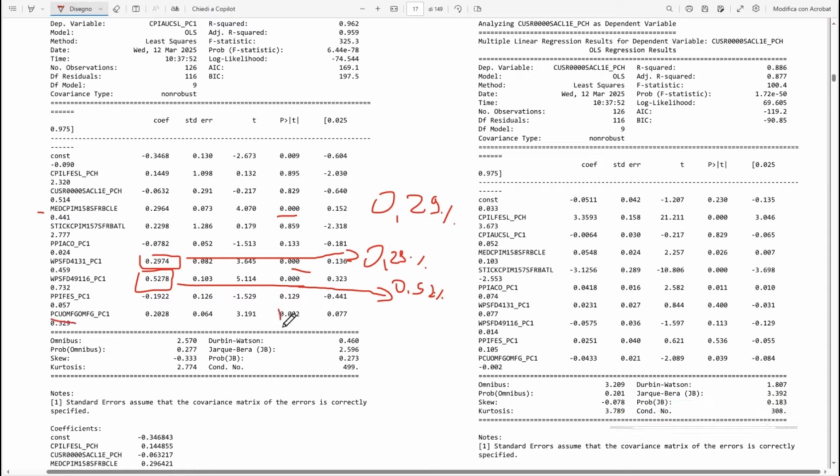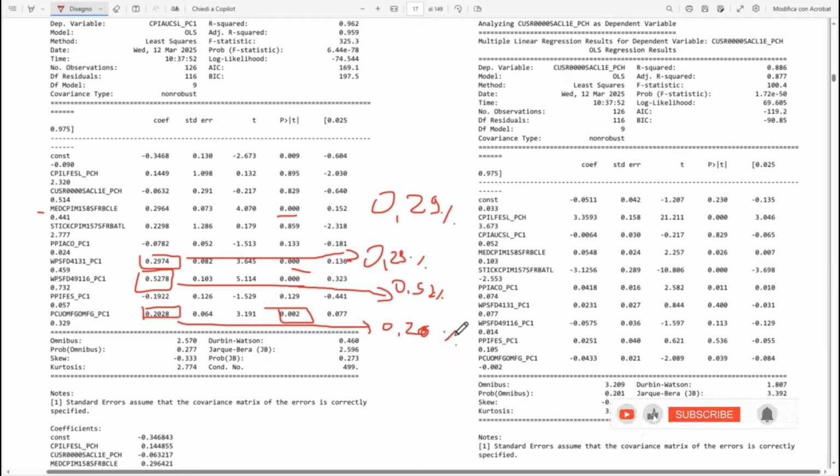And this one as well, it's a p-value which is important. And this last one, oh okay, so when the inflation rate goes up by 1 unit or 1%, manufacturing producer prices would also have increased by 0.20%.